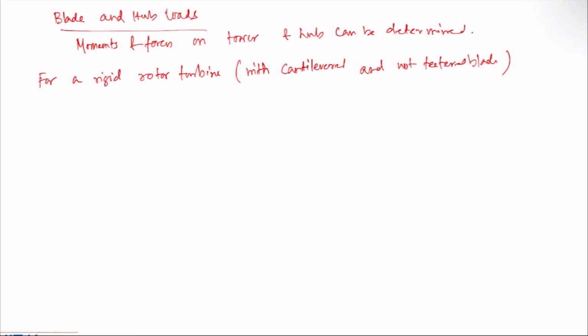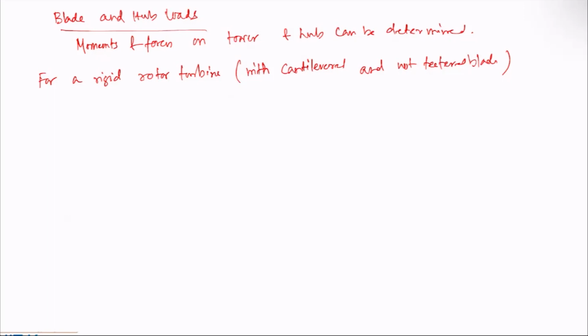Flapping is usually the predominant aerodynamic load. In a tethered rotor, on the other hand, no flapping moments are transmitted to the hub unless the tethered stops are hit.